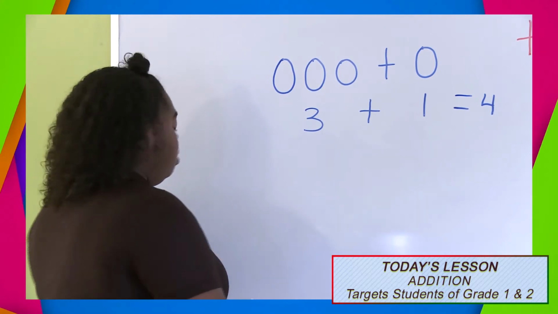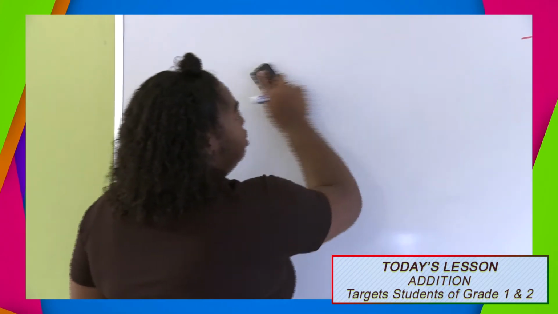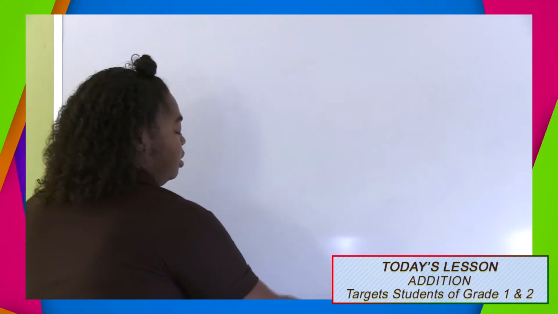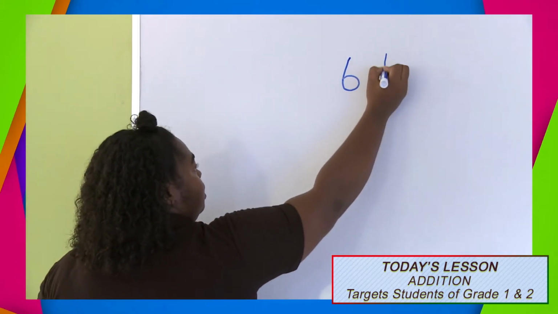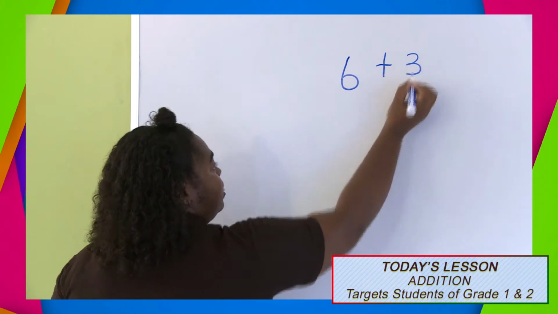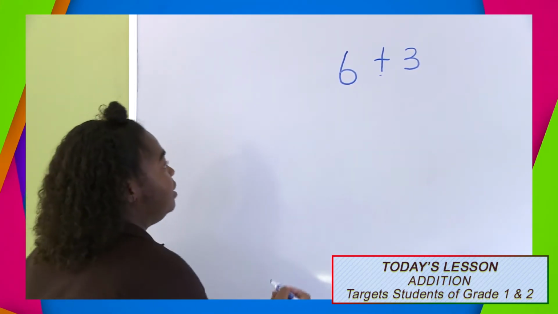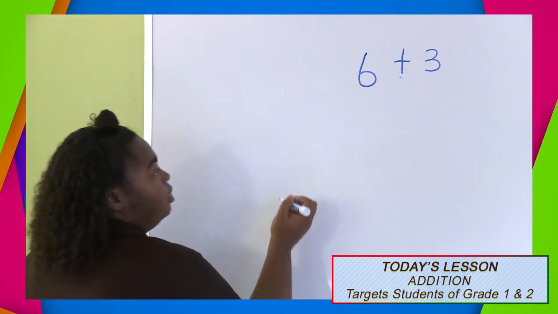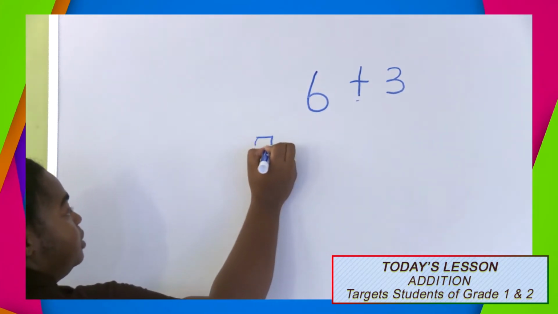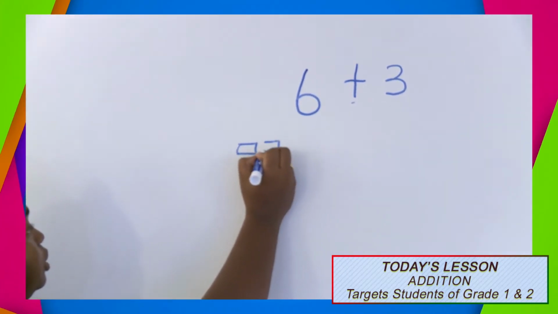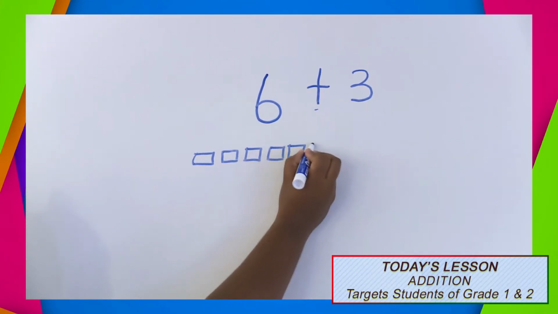Now I'm going to show you another example. So let's look along. I have 6 plus 3. Do you see the sign? That's an addition sign. So 6 plus 3. We represent 6. So we need to put 6 squares. 1, 2, 3, 4, 5, 6.